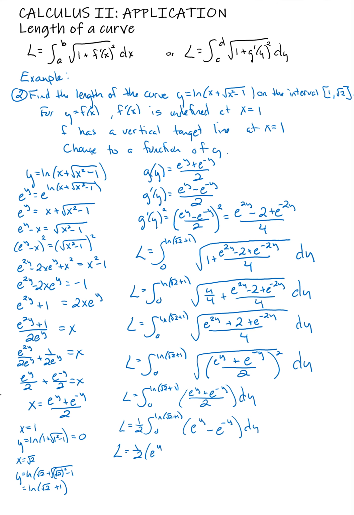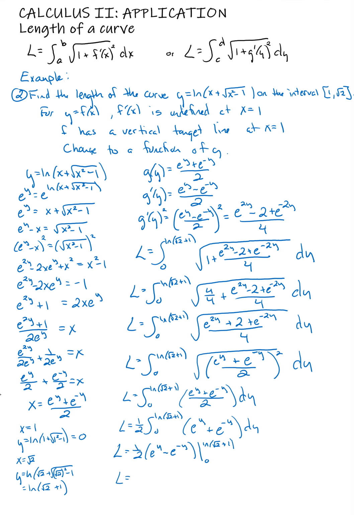The integral of negative e to the negative y, oh wait, that should be a positive there. The integral of e to the negative y is negative e to the negative y. There we go. And we're going to evaluate this from 0 to the natural log of the square root of 2 plus 1. Don't be scared by that. It ends up being not too terribly difficult to work with because we have all those e's in there. But I'm going to go ahead and let you guys have some fun with that.